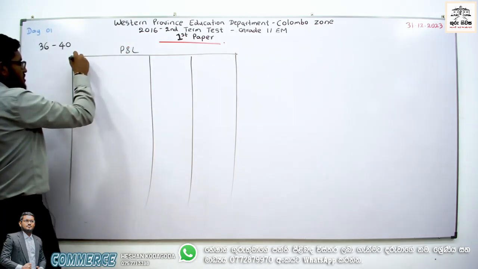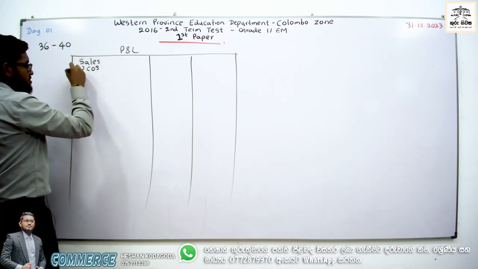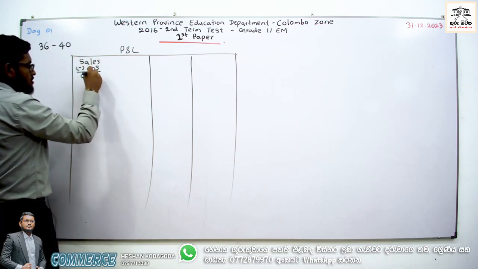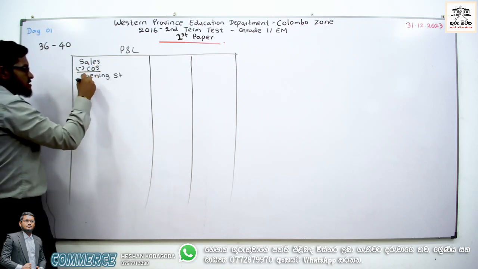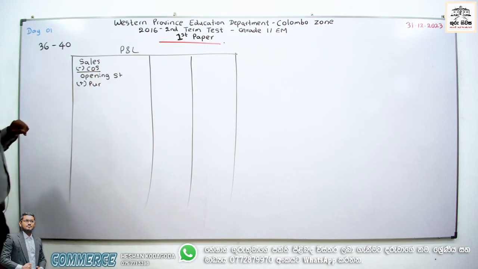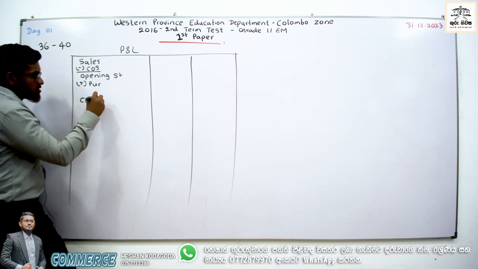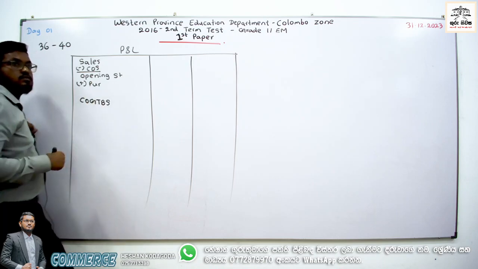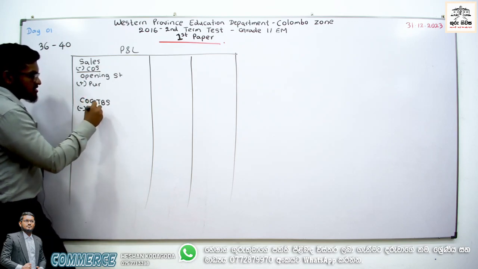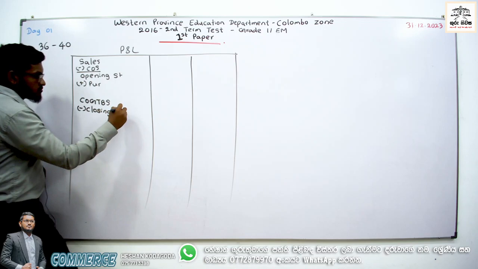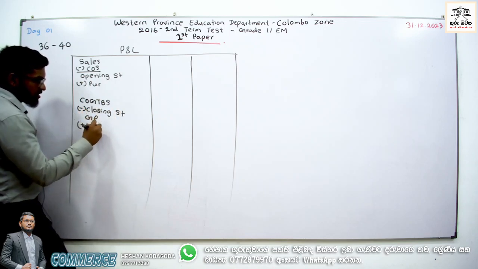Sales minus cost of sales: opening stock plus purchases. We don't know whether there are carriage inwards and loading and unloading costs, so keep two lines. Cost of goods to be sold, then minus closing stock. Then the gross profit plus other income.